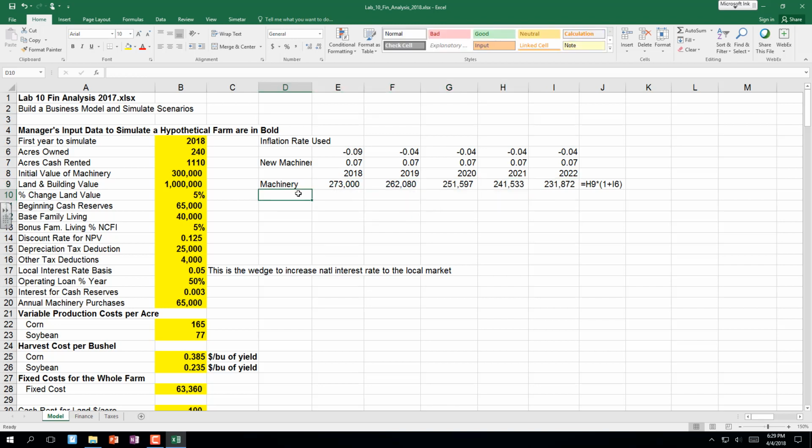Now I'm going to buy new machinery, and the cost of that is equal to that $65,000 times references 1 plus that 7% that first year.